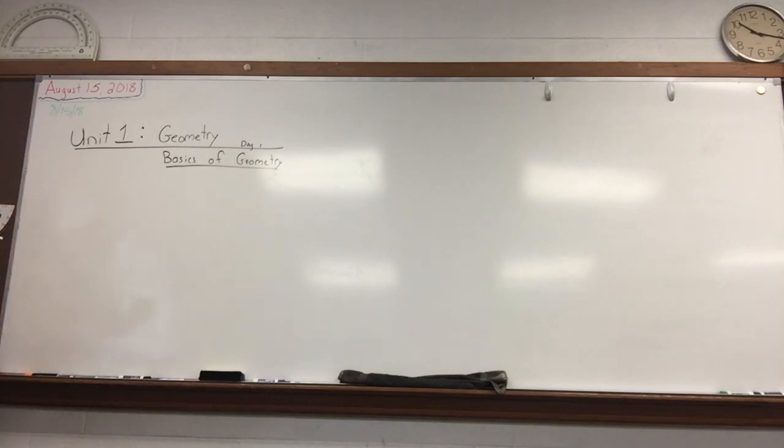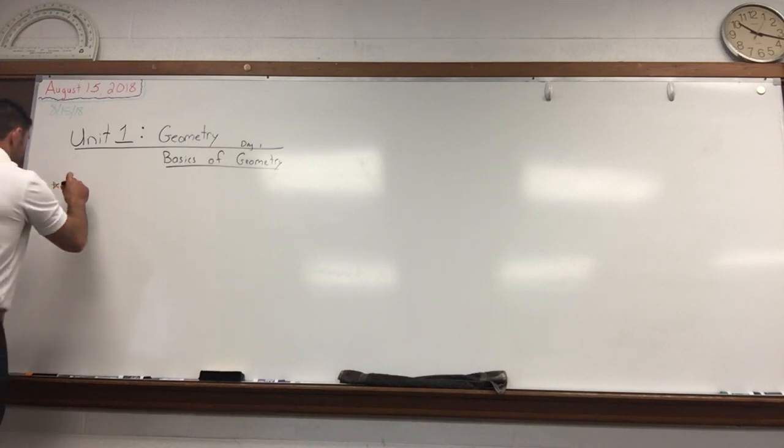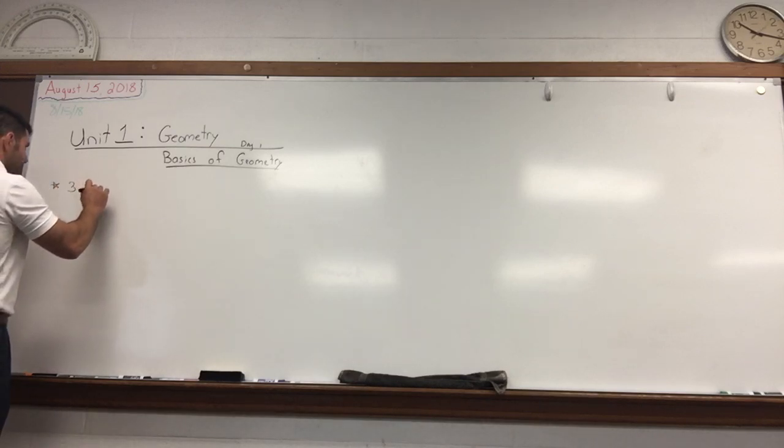Okay. So we're going to skip a couple lines. On the left-hand side, you're going to put a star. Every geometry book that I've ever read talks about the very first thing, the 3 undefined terms in geometry.